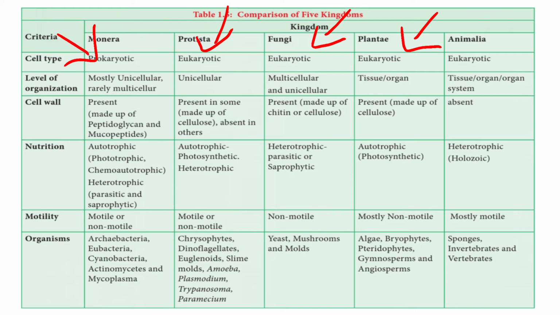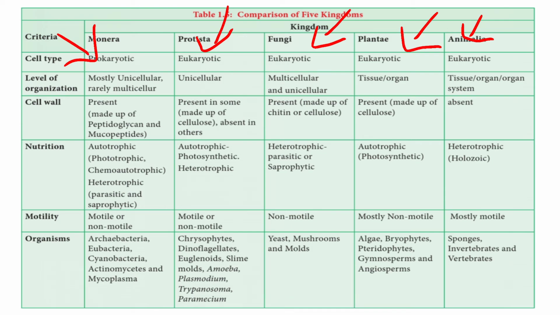Nutrition is autotrophic through photosynthesis. Motility: can any plant move from one place to another? No. So, non-motility. The organisms are algae, bryophytes, pteridophytes, gymnosperms, angiosperms. These are the organisms seen in plants. And the last one is the animal kingdom.